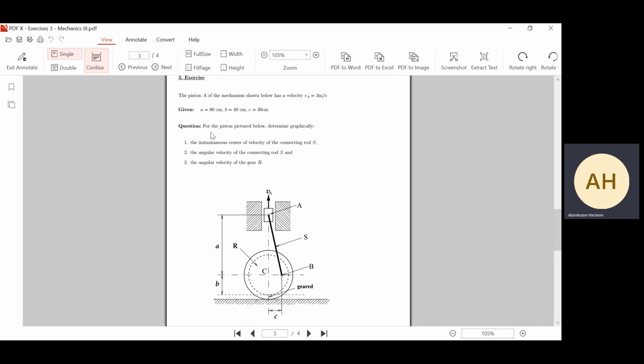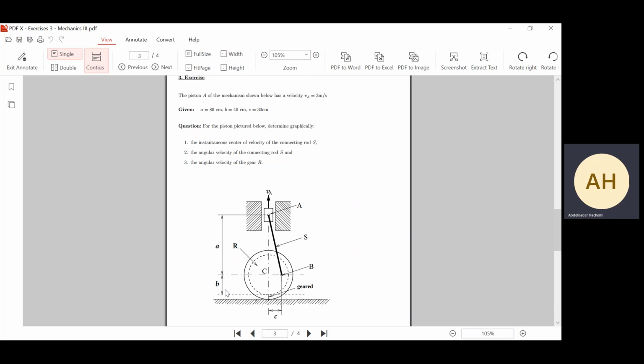Okay, what we have here are the pistons of the mechanism shown below. It has the velocity VR. It's unidirectional, going only in the vertical direction, and VR is given as 3 meters per second.